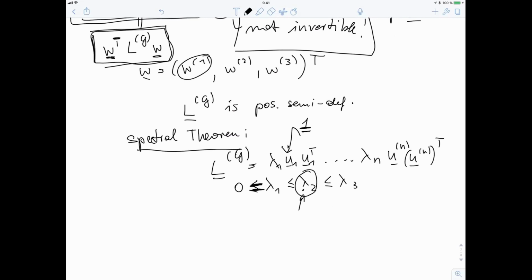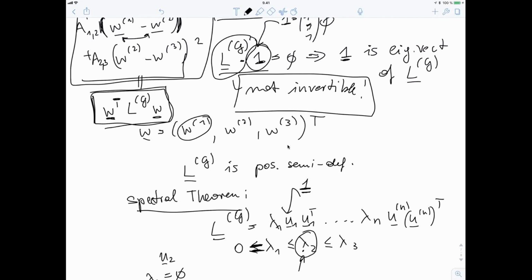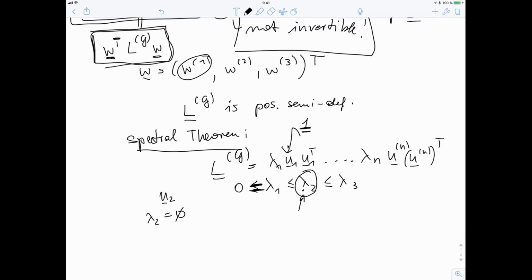So, for example, if lambda 2 is also equal to 0, so we find an eigenvector u2 that is different from the constant eigenvector and also has eigenvalue 0. Then this means lambda 2 is 0. And in this case, what can we say about the graph? It must contain at least 2 components or 2 subsets that have no edge between each other.